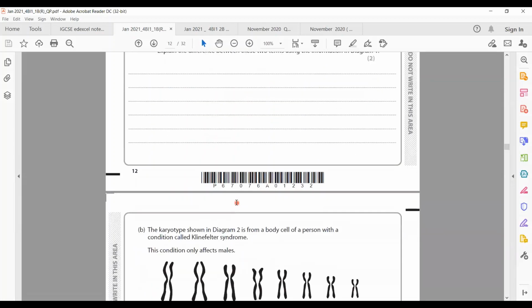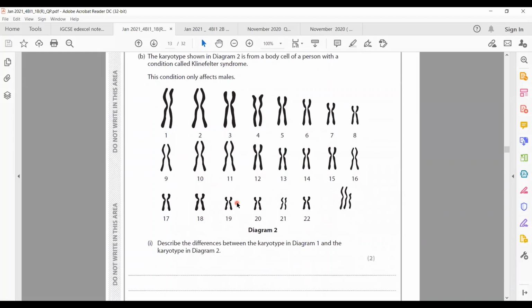Let's go to Salma, number B. The karyotype shown in diagram 2 is from a body cell of a person with a condition called Klinefelter syndrome. This condition only affects males.